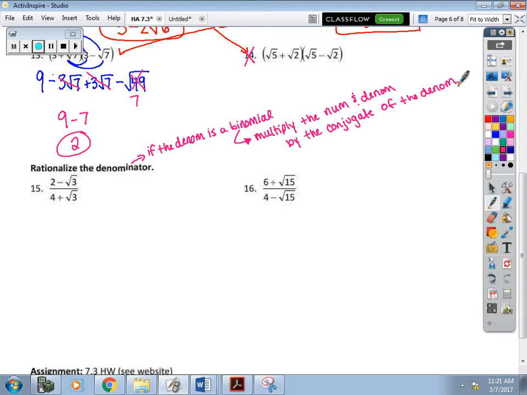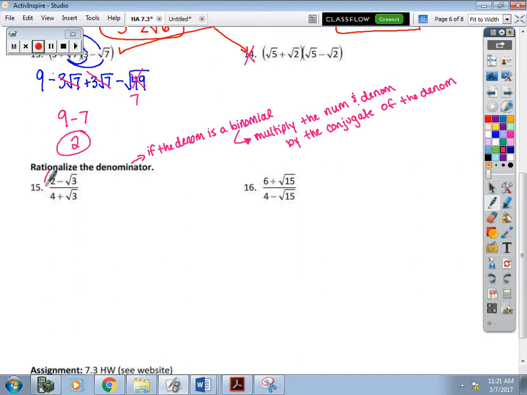Also, since we have binomials, you may want to put parentheses around them to remind yourself to FOIL. Okay. So I need to find the conjugate of the denominator. Four plus the square root of 3, the conjugate would be 4 minus the square root of 3.